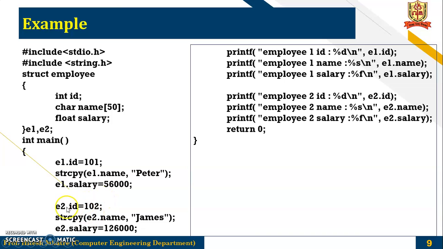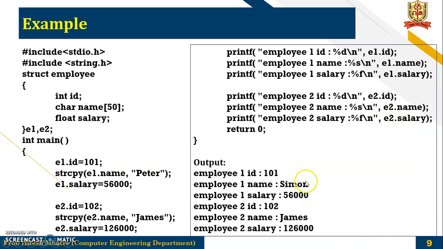Again I am accessing the ID value, but this time I am using the E2 variable of the structure. So E2 is 102. Again copy the value, say James, into the name, and salary is say 1,26,000, and then just displaying. So E1.id, E1.name, E1.salary, and similarly for employee number 2. So you will get the output as this. So you can have n number of variables for your structure.